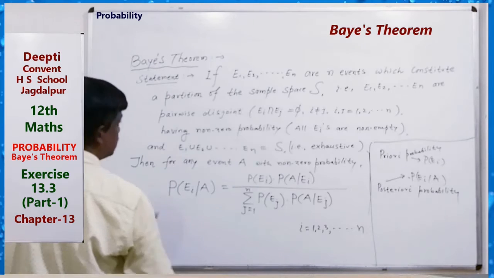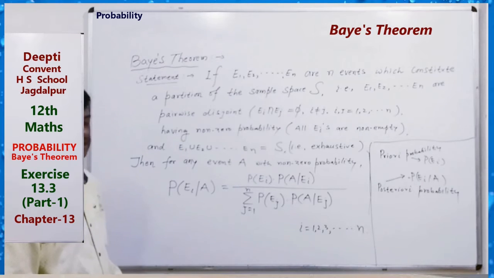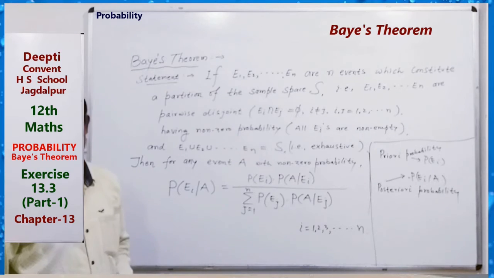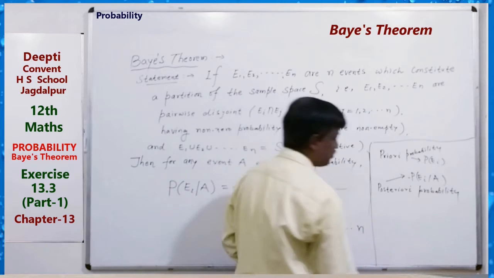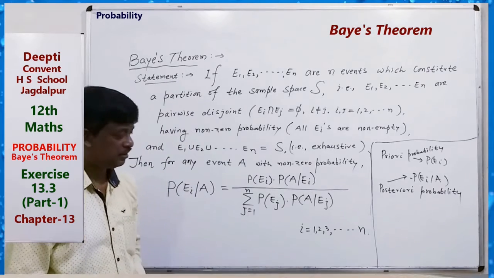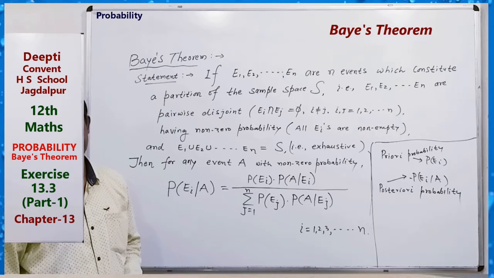Okay, this is Bayes theorem. Its proof is very simple. By using conditional probability, we can find this result.